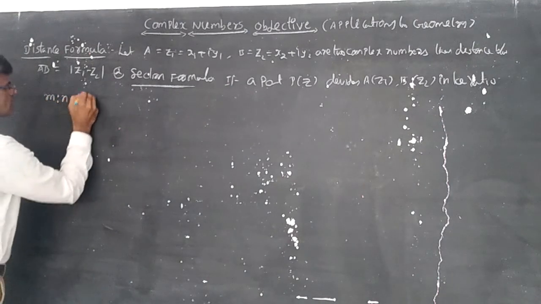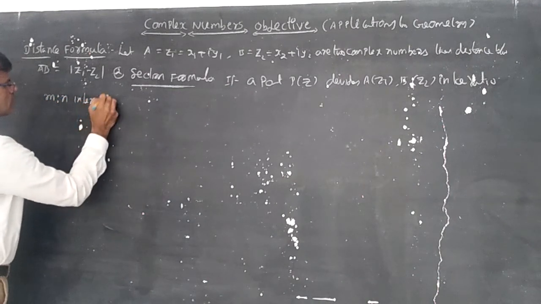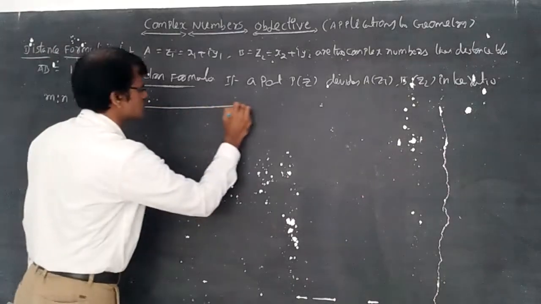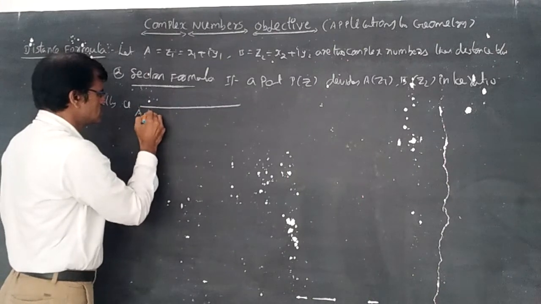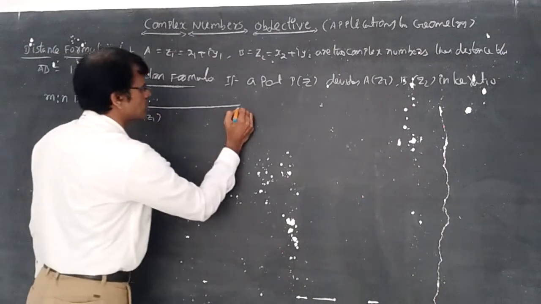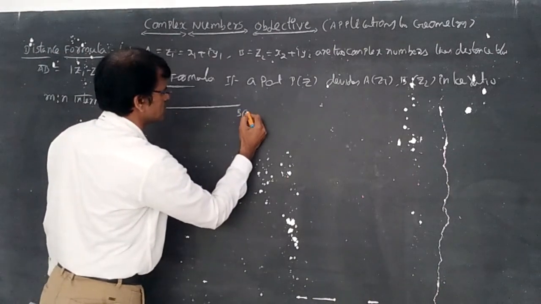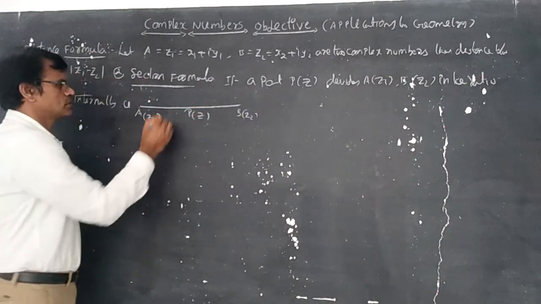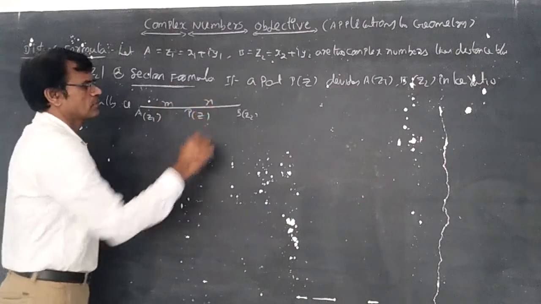It is like this: put here A, this is Z1, and put here B, this is Z2, with P(Z) between them, with segments m and n.